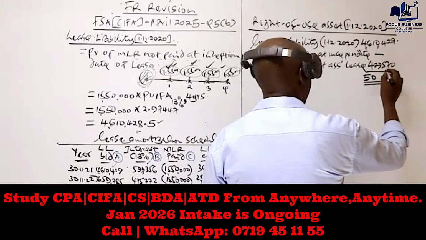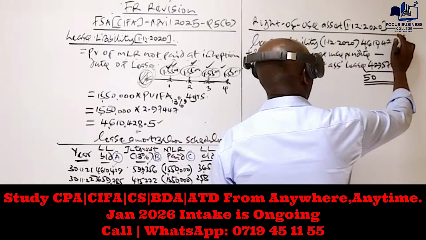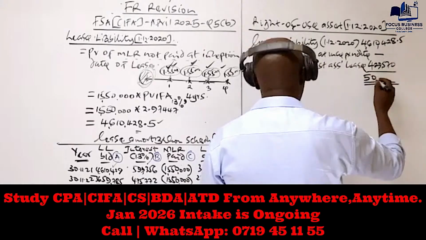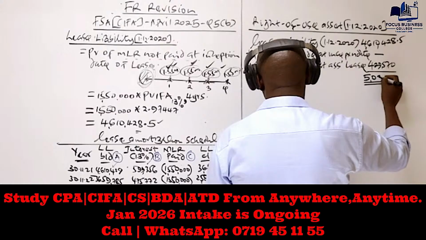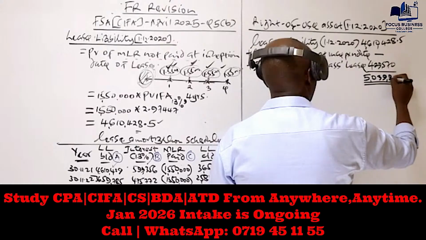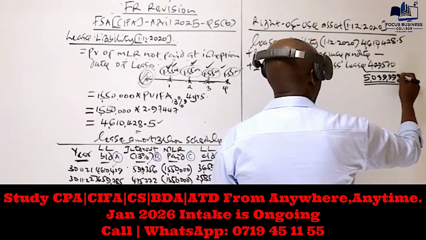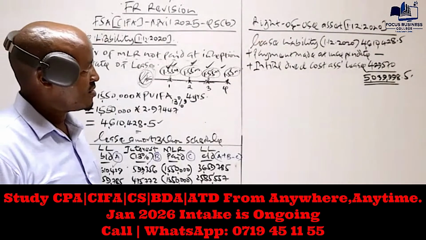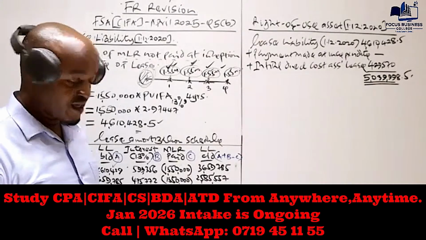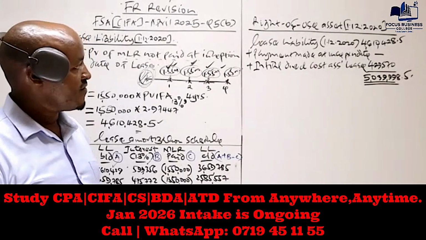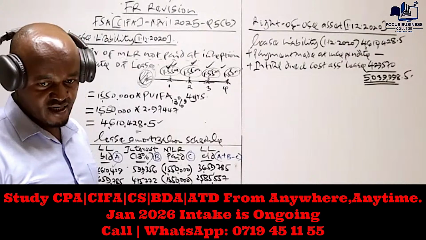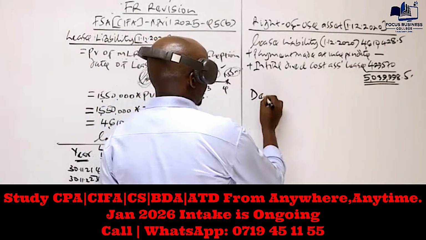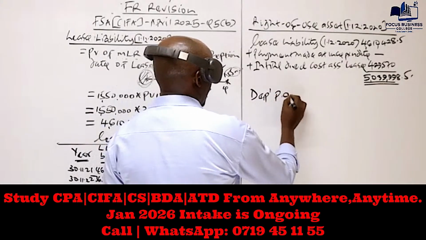Okay, I think we can work with this one as 0.85, though you can't be penalized for that. So that will give us 5,039,998.5. Is that what you're getting? Yes.